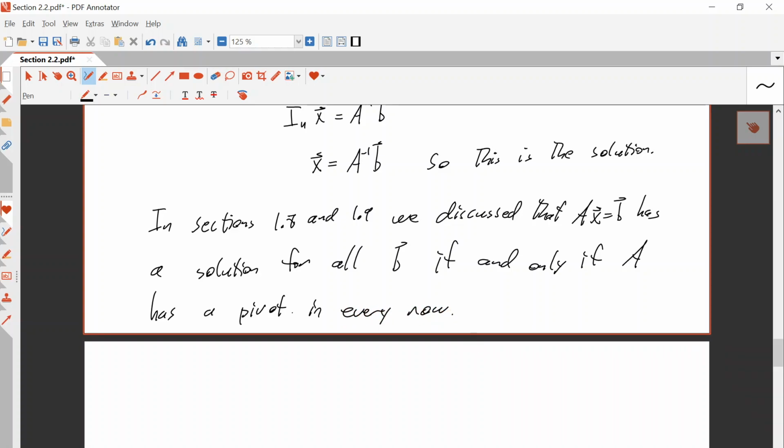Right? But since A is square, it must have a pivot in every column too.